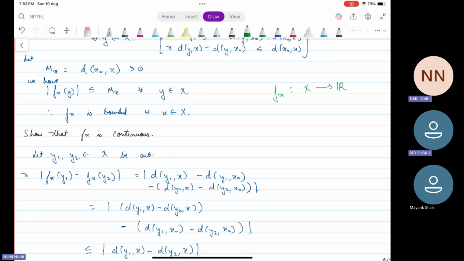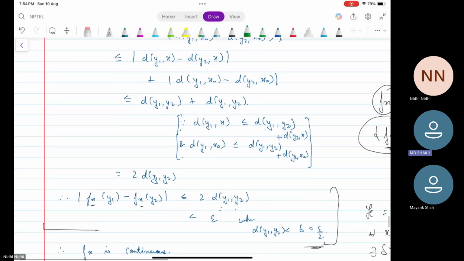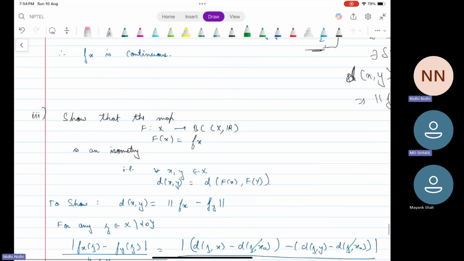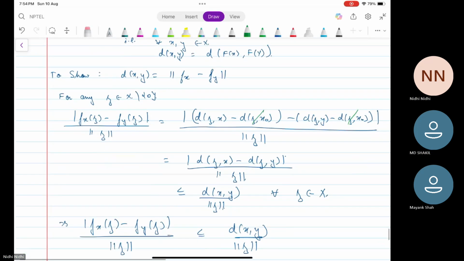We need to show that this is continuous. Okay, ma'am, thank you. Continuity of one F(x). After this, we are using that it is a member of BC(X,R), and then we are using the supremum norm. Yes, yes. Okay.